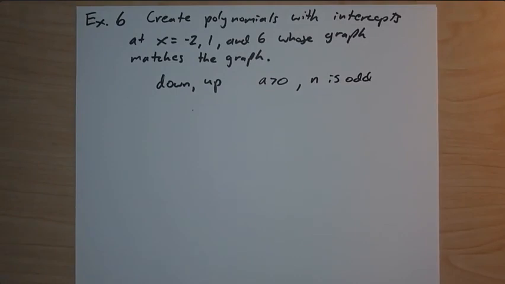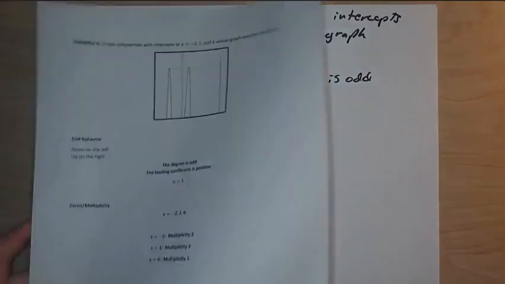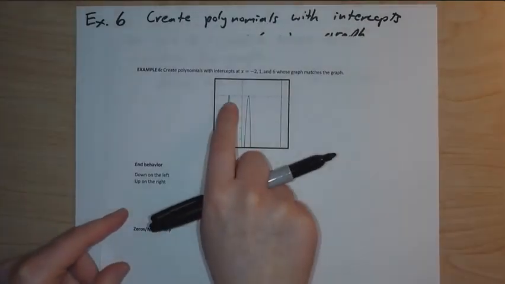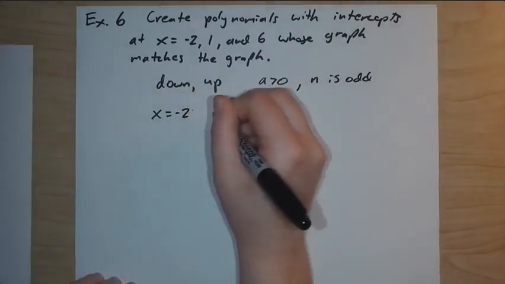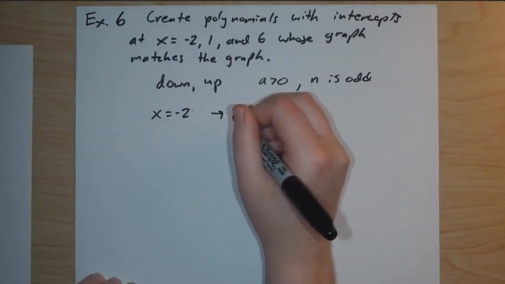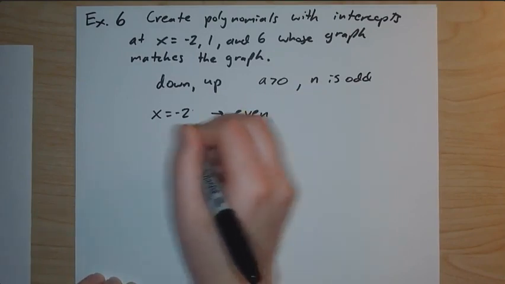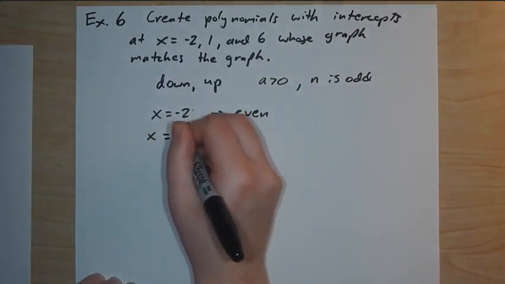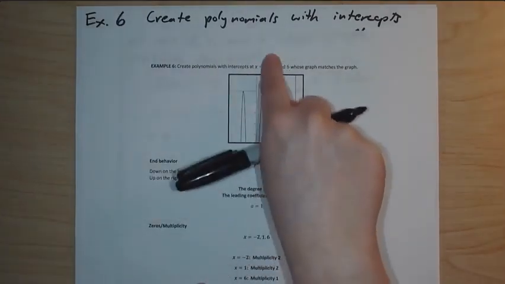We also know that for x is -2, 1, and 6, let's see, at -2 it bounces off, so for our 0, x is -2, our multiplicity is going to be even because it bounces off. For x is 1, if you look at it, it bounces off the x-axis without pushing through it.